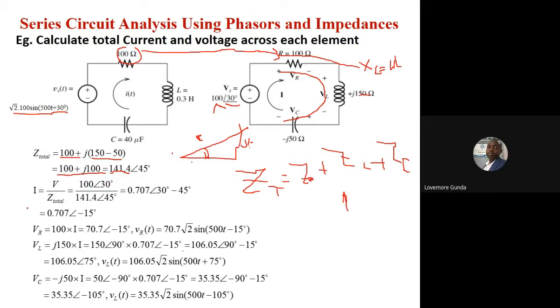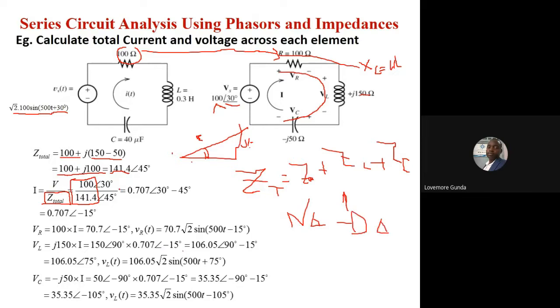Then the current, we use Ohm's law. Current is voltage over resistance. So here it will be voltage over the total impedance, right? So it's now 100 at an angle of 30 over 141.4 at an angle of 45. So we divide the magnitudes as usual, right? Then for the angles, it is the numerator angle minus the denominator angle.